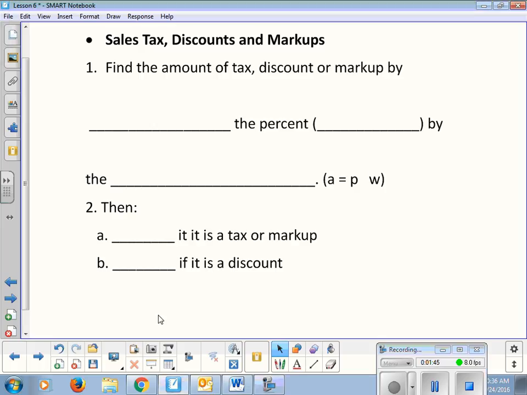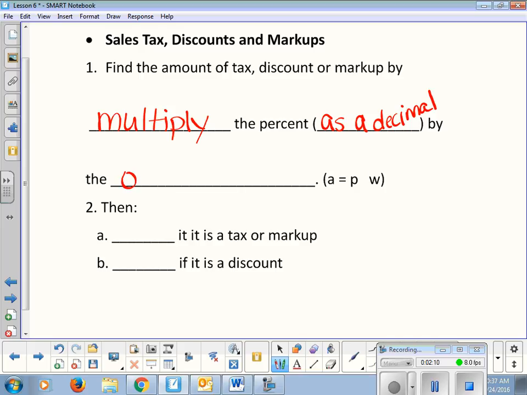Okay, for your notes, sales tax, discounts, and markups. Find the amount of tax, discount, or markup by multiplying the percent, written as a decimal, by the original amount.